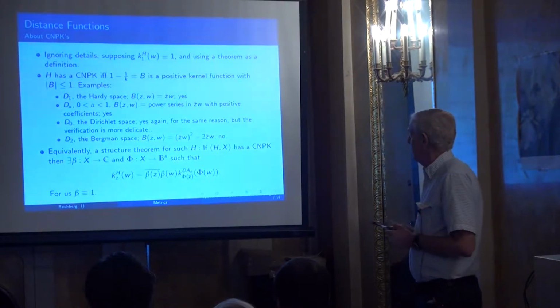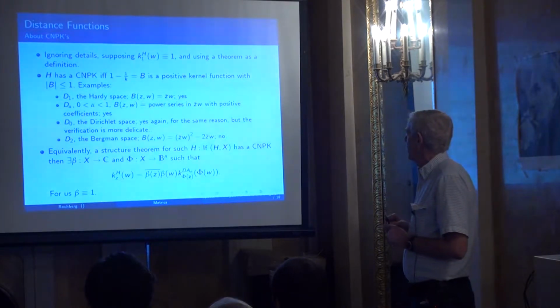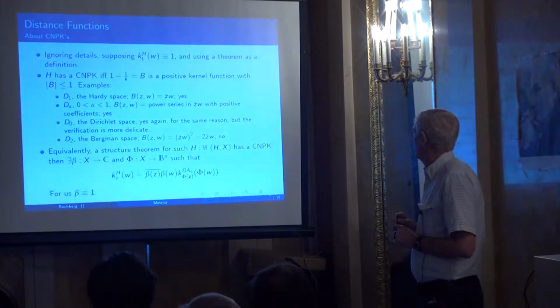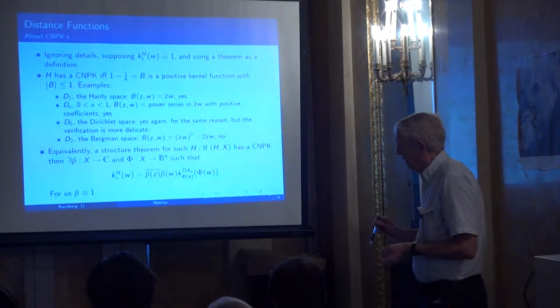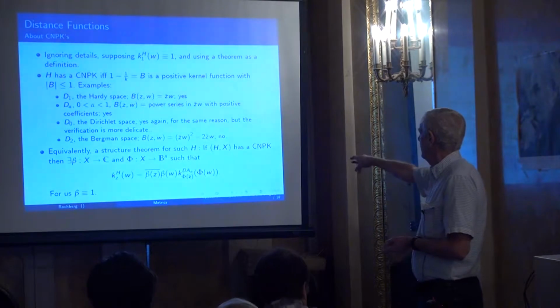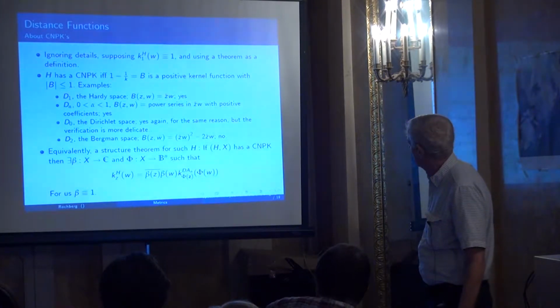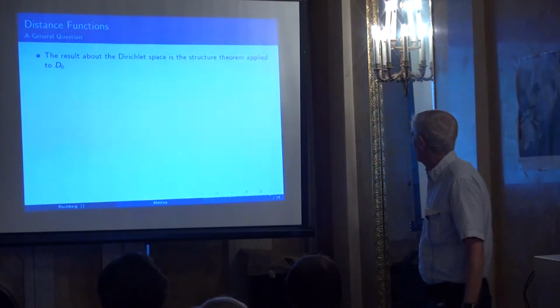Actually, complete Nevanlinna-Pick kernel is defined by the validity of an abstract analog of the Nevanlinna-Pick theorem about interpolating multipliers. And the theorem really is, if there's an abstract Nevanlinna-Pick theorem for H, then H is of this form. But we can just take this as our definition and ignore all these questions about existence of multipliers.